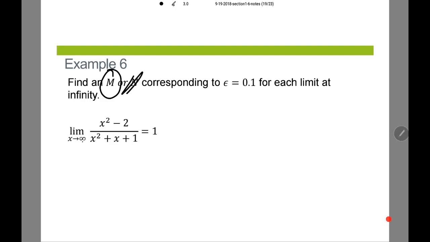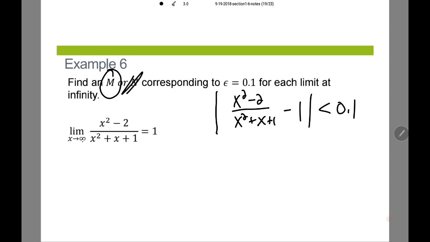So in order to do this, I'm going to use the function minus the limit, and set that less than 0.1, because that's my epsilon. Again, I'm just using the second piece of my definition: my function minus my limit has to be less than this epsilon value. Okay, so we're going to solve this.